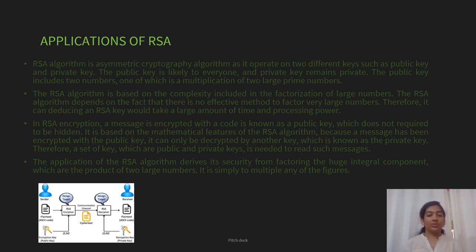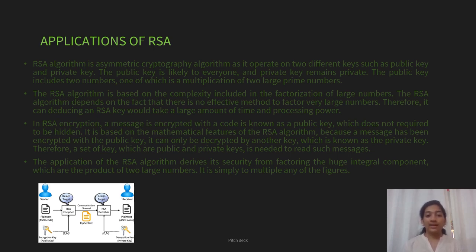In RSA encryption, a message is encrypted with a code known as the public key, which does not require to be hidden. It is based on the mathematical features of the RSA algorithm. Because a message has been encrypted with the public key, it can be decrypted only by another key which is known as the private key. Therefore, a set of keys which are public and private keys is needed to read such messages.